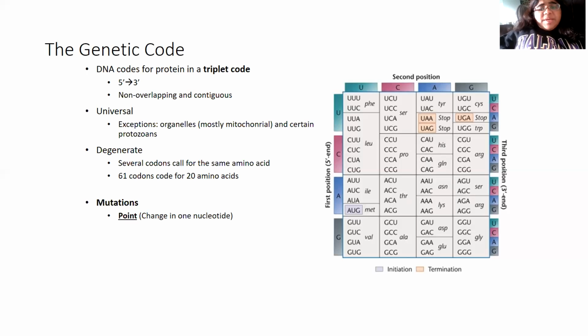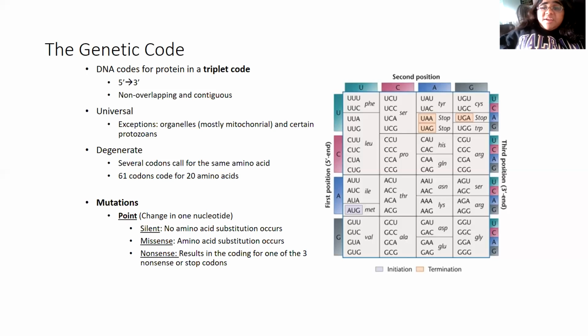Mutations, depending on the case, include point mutations. There are silent ones where no substitution occurs. Missense ones, where an amino acid substitution actually occurs. Nonsense ones, where it ends up in a stop codon.